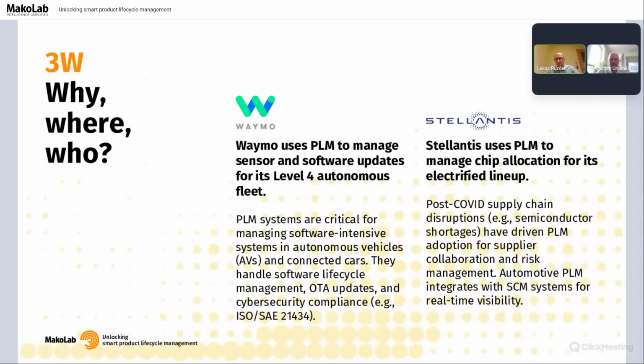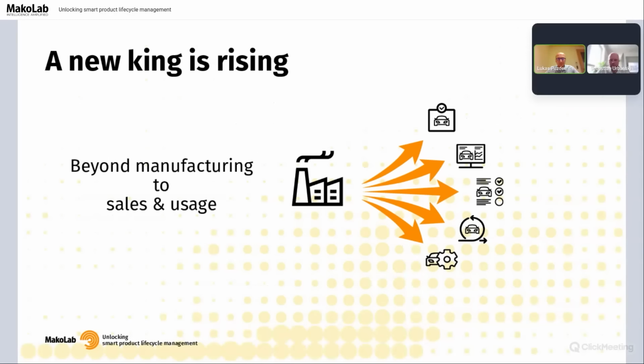And Stellantis: we all remember the chip crisis a few years ago, post-COVID, and to better prepare just-in-time production, they needed to know where exactly all the components were located right now, and a dedicated PLM helped them to understand this, to predict this, and to implement this in the production.